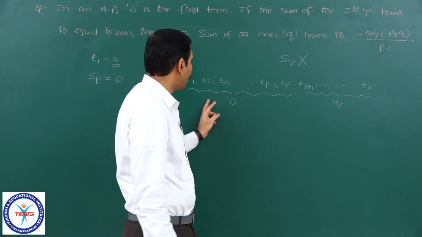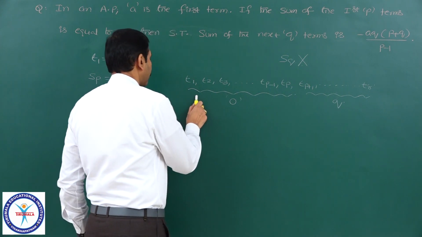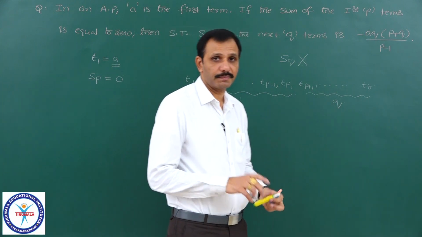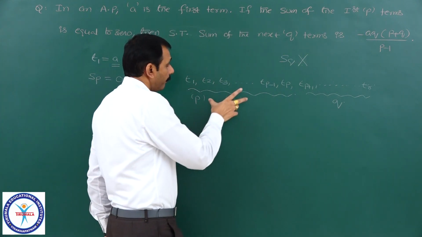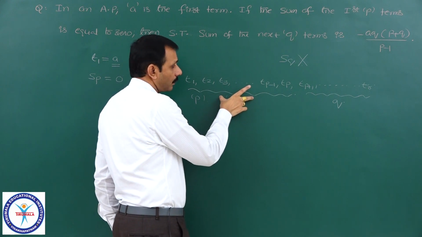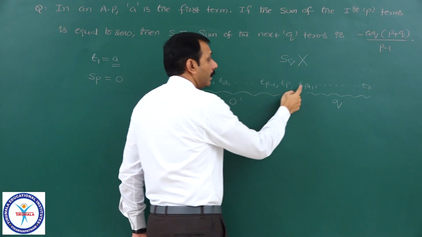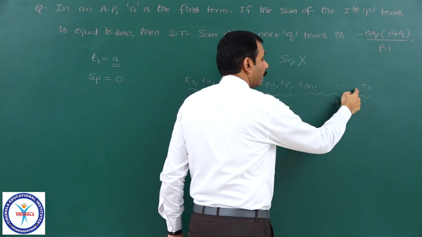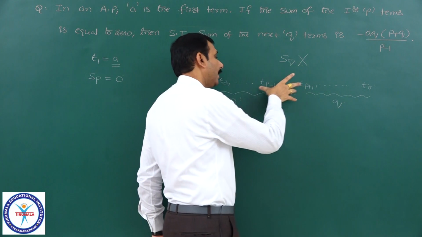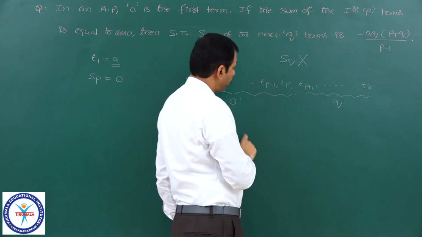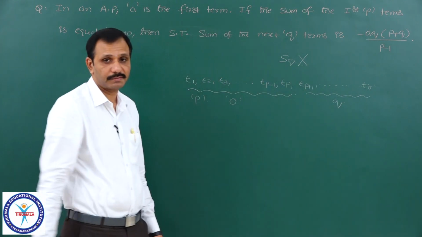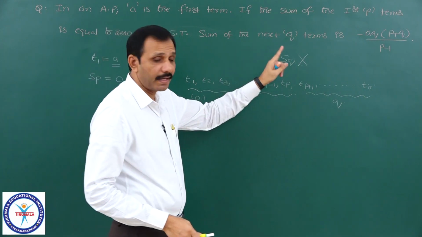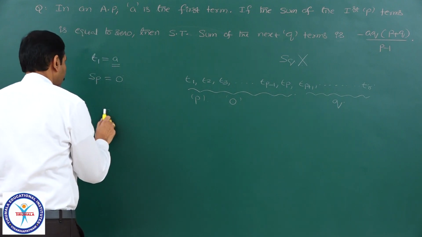Listen, in total how many terms are there? Here p terms are there, here q terms are there, total p plus q terms. Of course, because this sum is equal to 0, if I want to find the sum of these terms, it is equivalent to finding the sum of all the terms, because this addition is equal to 0. Therefore, they are asking for the sum of the next q terms.